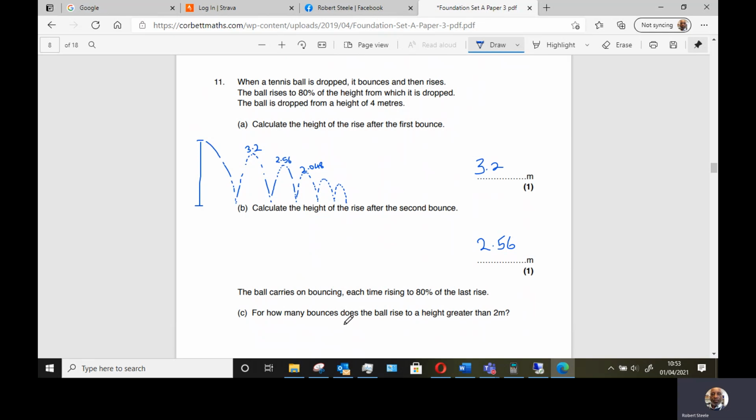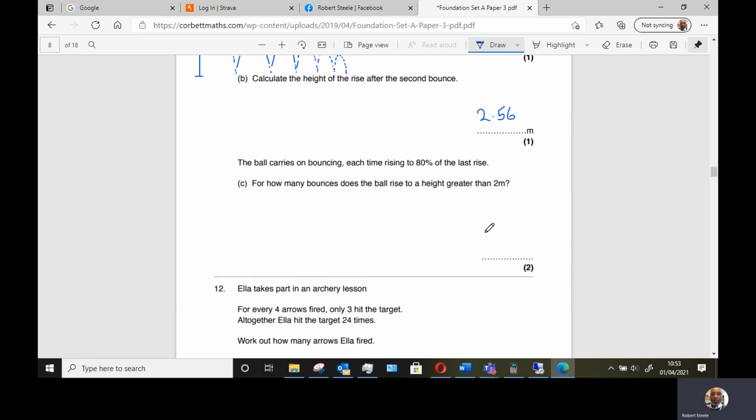For how many bounces does the ball rise to a height greater than 2 meters? Once, twice, 3 times, yeah, because this next one, by times by 0.8 again, will go below 2 meters. So my answer is 3.